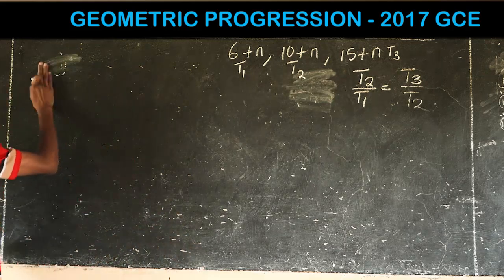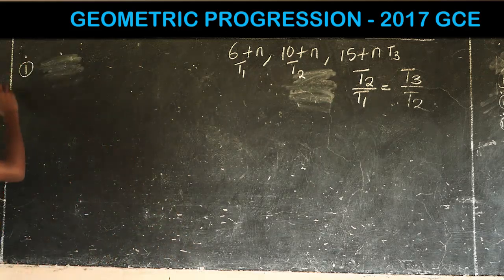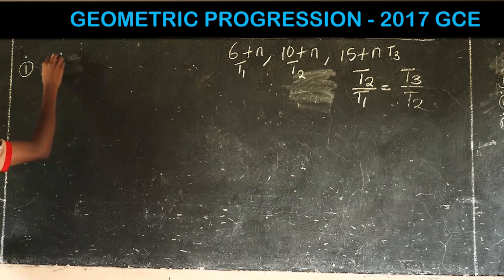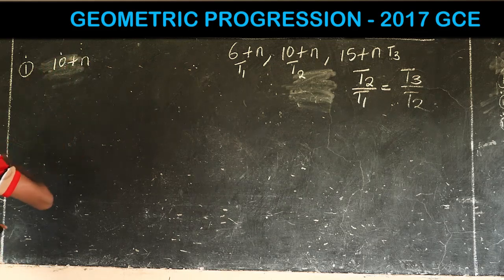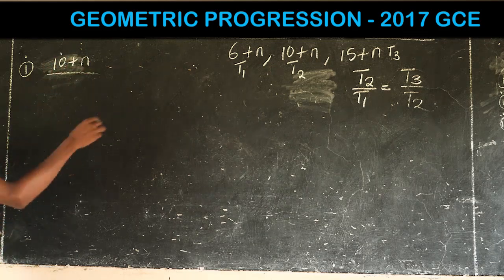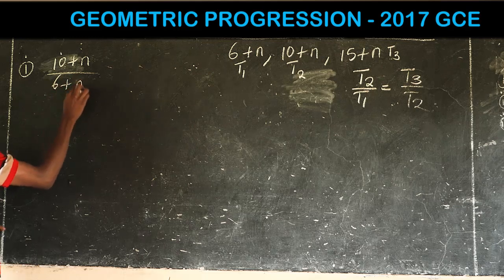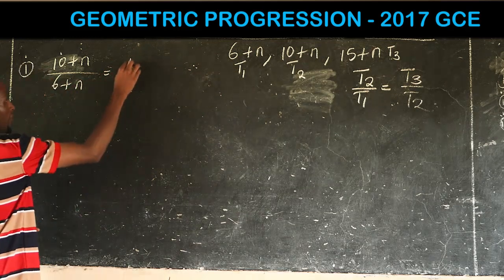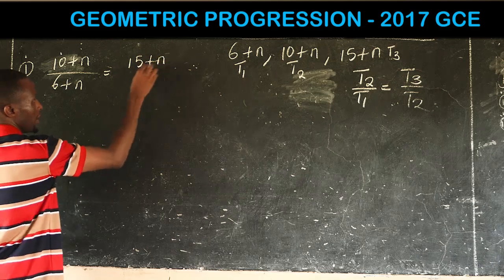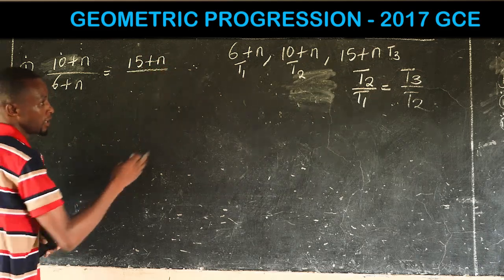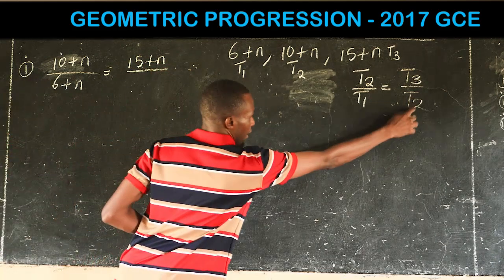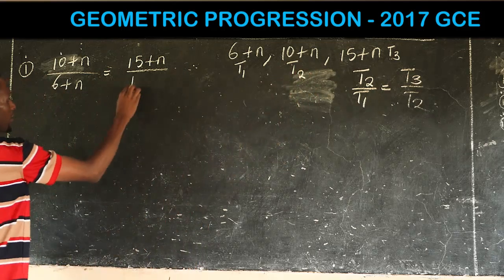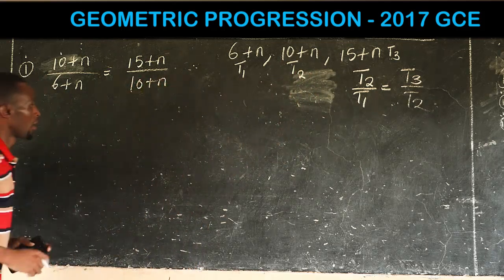So T2 is 10 plus n, divided by T1, which is 6 plus n, equals T3, 15 plus n, divided by T2, which is 10 plus n.